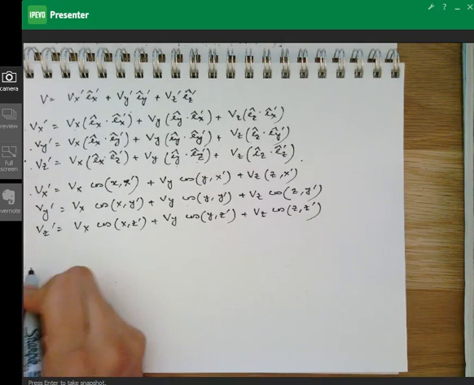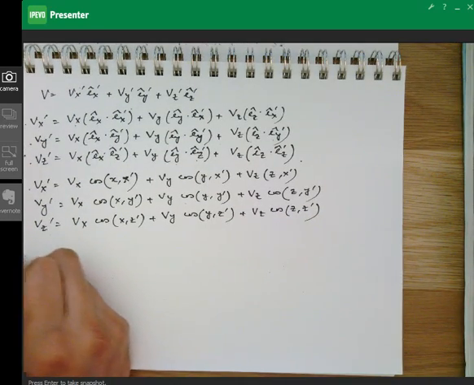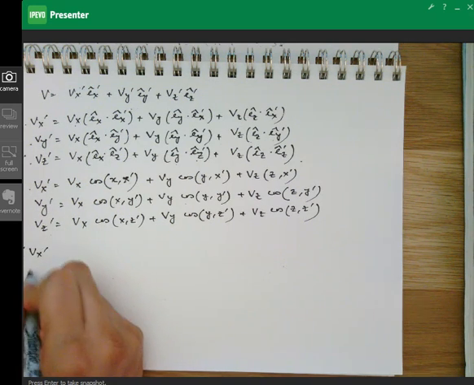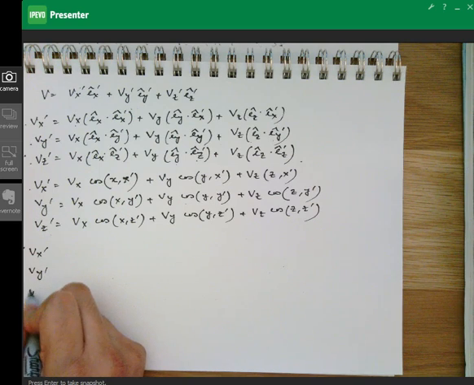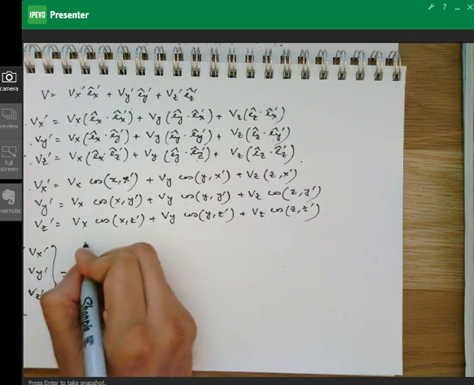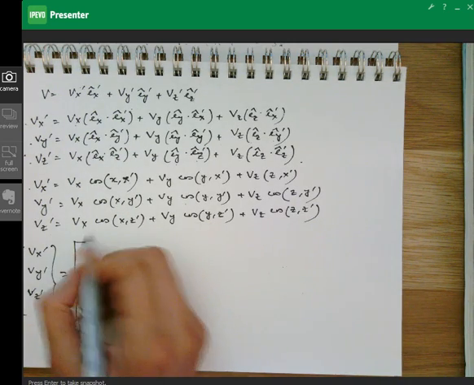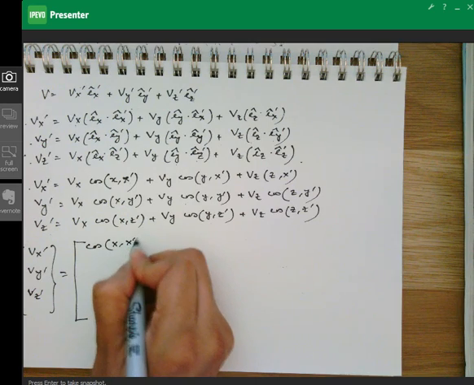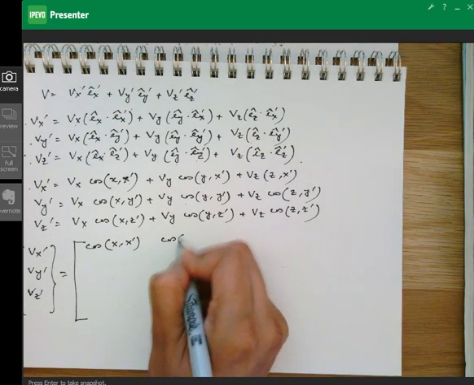And just like last video, we can write it in matrix form, where vx prime, vy prime, vz prime, the components in the rotated system x prime, y prime, z prime, is given by this.